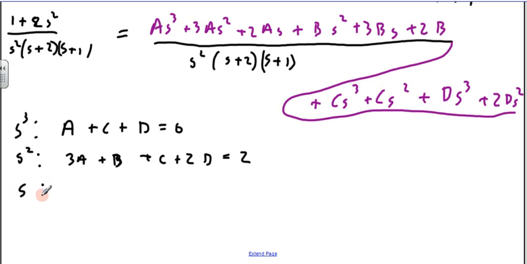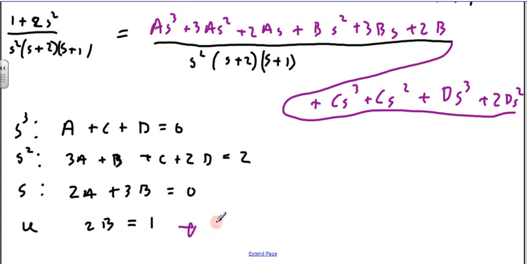I look at the s term and I see 2A plus 3B has to be 0. And then I look at the unit term and 2B, and I see that that has to be 1. Okay, so if 2B has to be 1, then B is equal to 1/2.